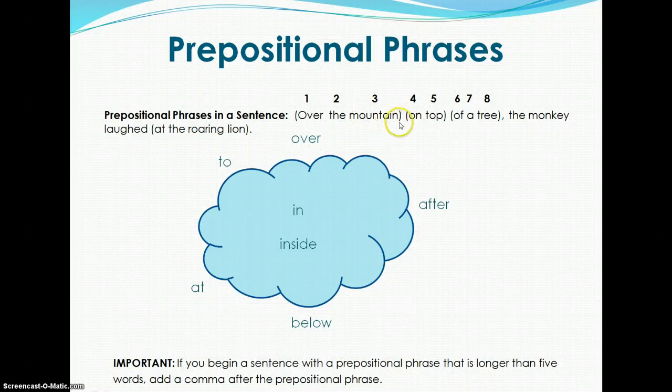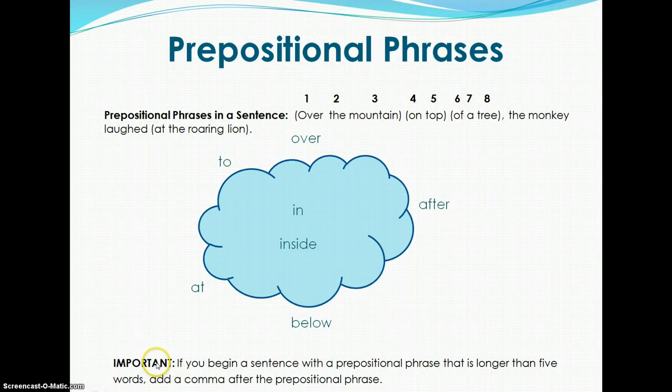So: over the mountain, on top of a tree, the monkey laughed at the roaring lion. I wanted you to see that over, the mountain, on, and of were in our previous list. And then we have at the roaring lion. That's another prepositional phrase.